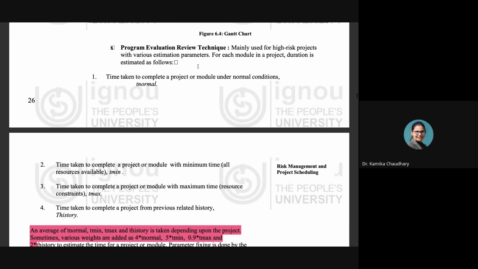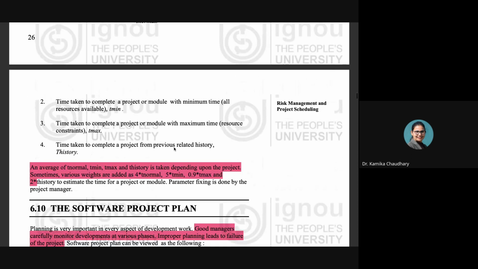T minimum means the minimum amount of time in which that particular project or module is going to be completed. T maximum means the maximum amount of time required for the completion of that particular project. Then T history is related to the previous history available in the particular organization, which is taken into consideration in the T history parameter, right?